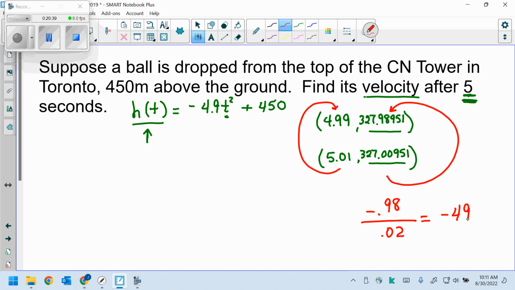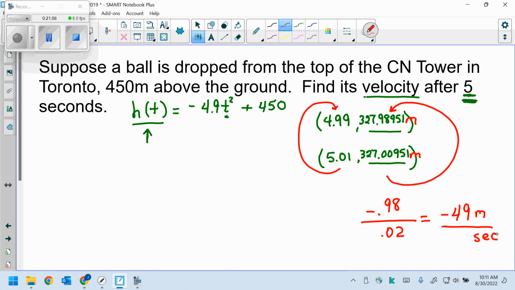And if I want to have some units with this, which I think I can, because I know that this height is measured in meters, and so I found the change in height, measured in meters, divided by this change in t, and t is time measured in seconds. So I think it's negative 49 meters per second.